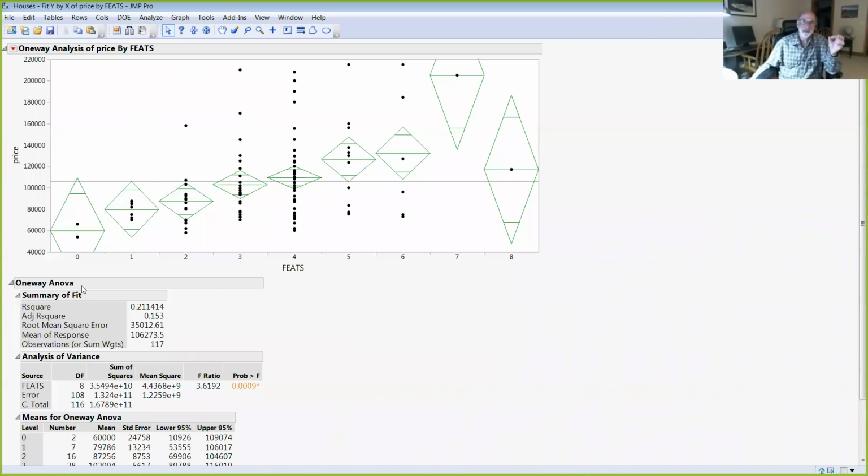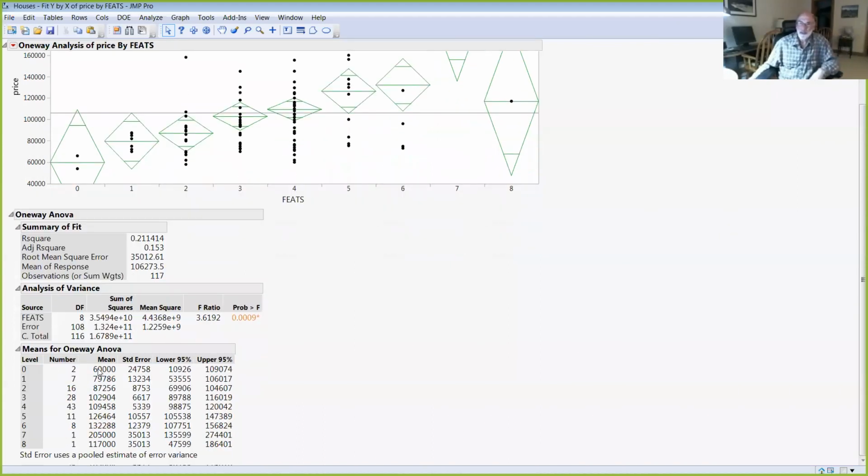The first step is testing the hypothesis that all of the groups have the same mean. And if you have a lot of groups, it almost always is going to reject that hypothesis. It's not particularly interesting to say, is there no difference between these groups? What you really want to know is which number of features are more valuable, not are they all the same.